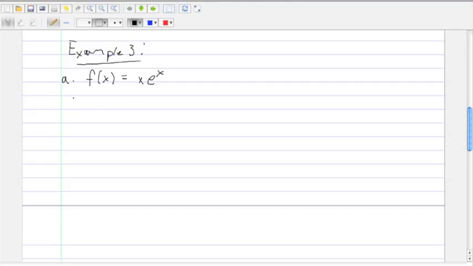So our f prime is going to be the first times the derivative of the second plus the second times the derivative of the first. So my first is x times my derivative of my second, which is just e to the x, plus my second times the derivative of my first. So that's times 1.